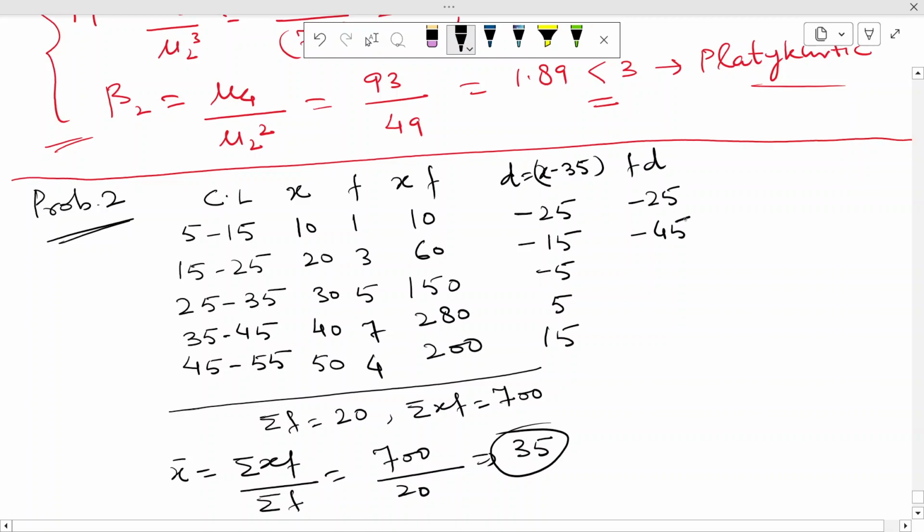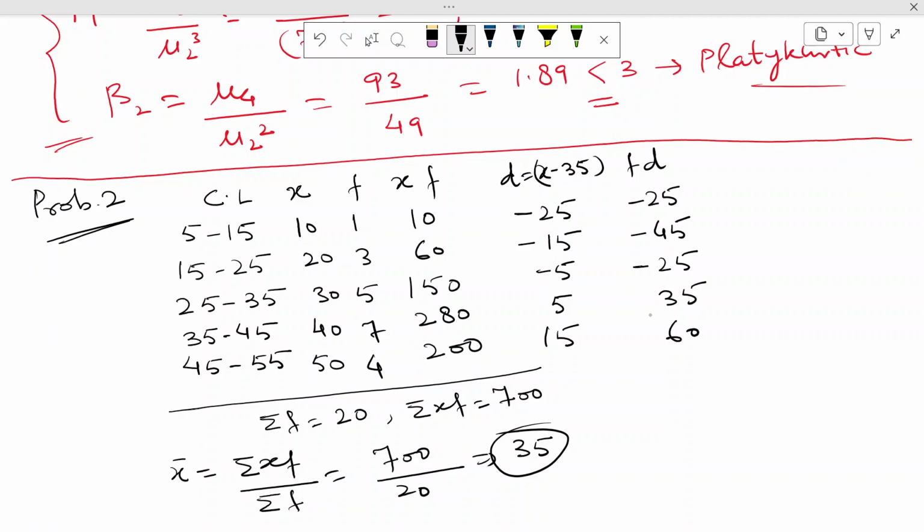So this is minus 25, minus 45, then next we are having minus 25, then 35, and lastly we have 60. Okay, so this is how we obtain the deviations.